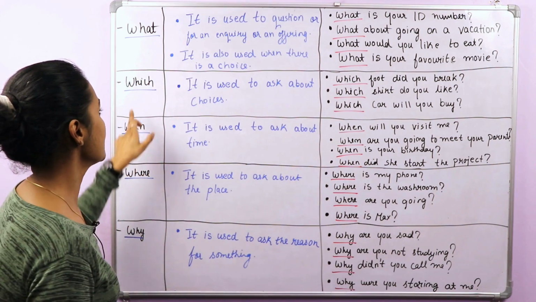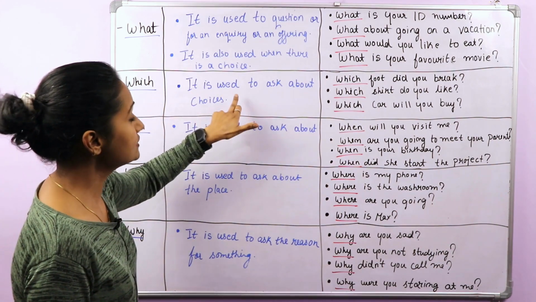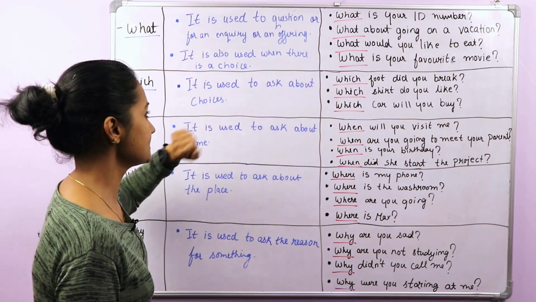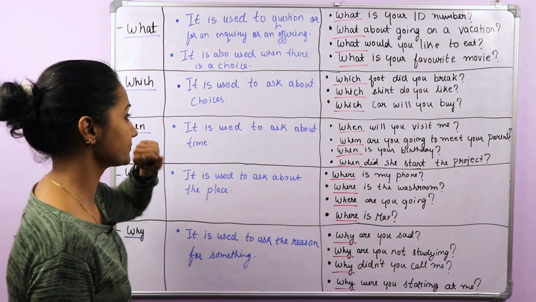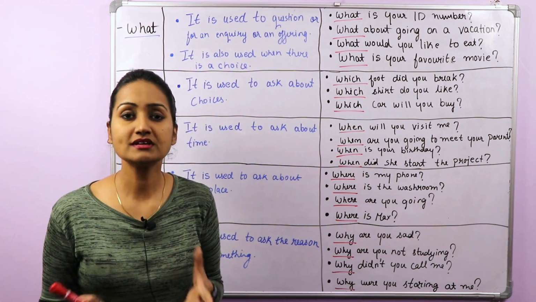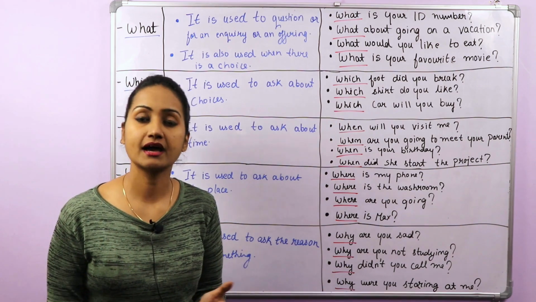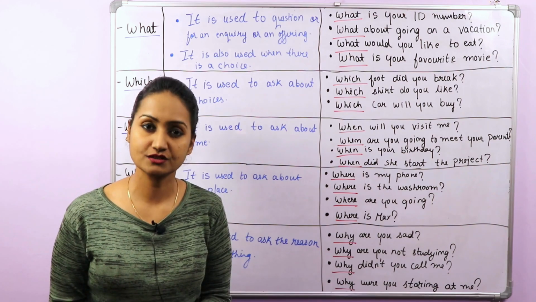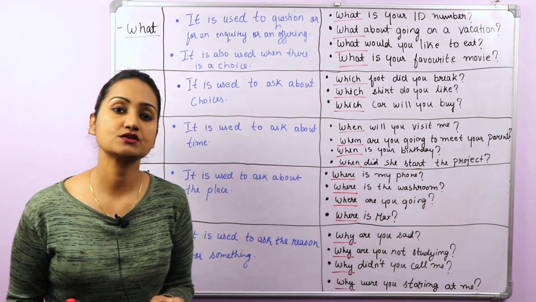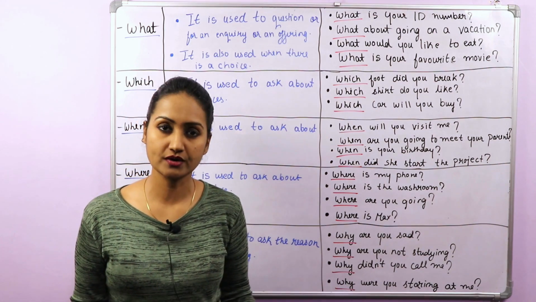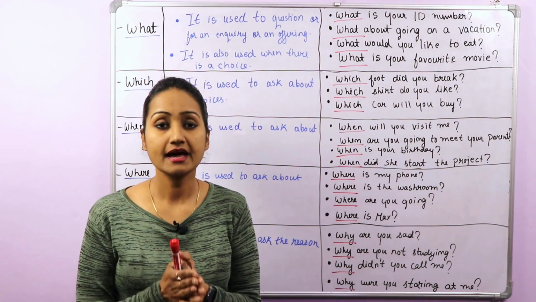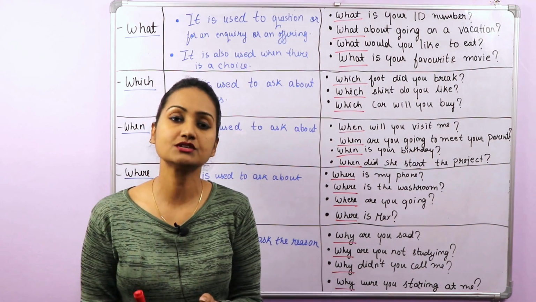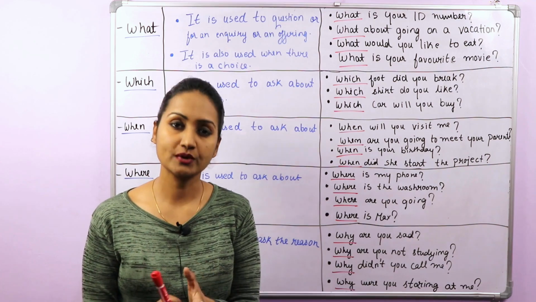Now next is which. It is also used to ask about choices, like what. But what is the difference between what and which? Yes, there is a difference. Whenever you have a bigger choice, you use what, and when you have a limited choice, you use which.